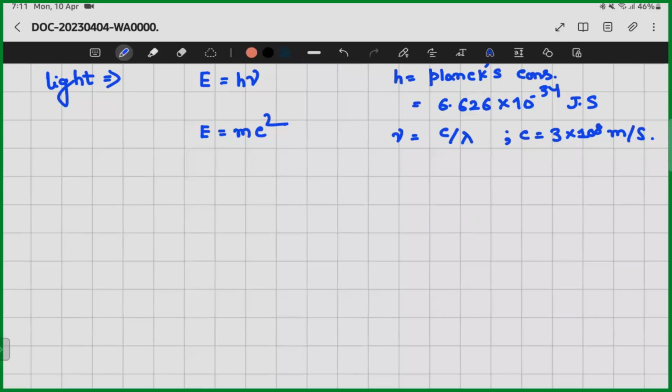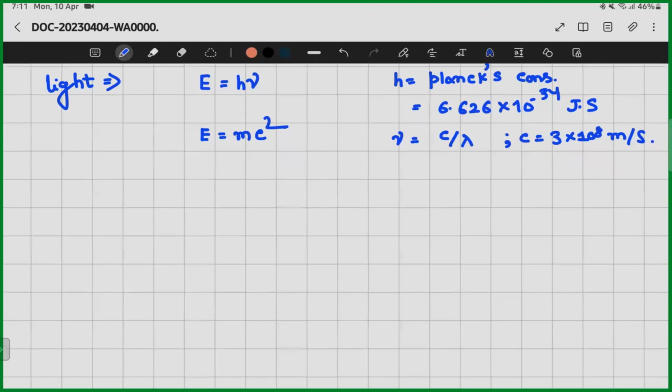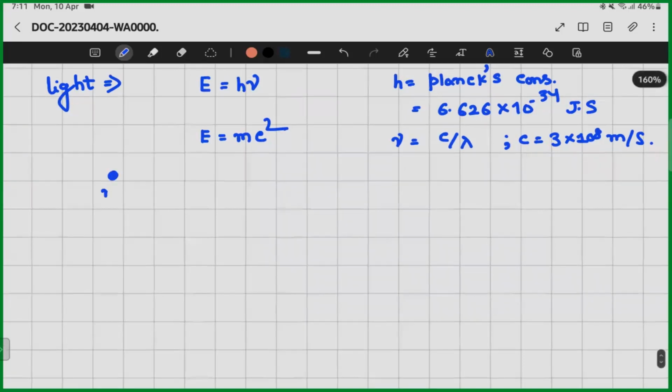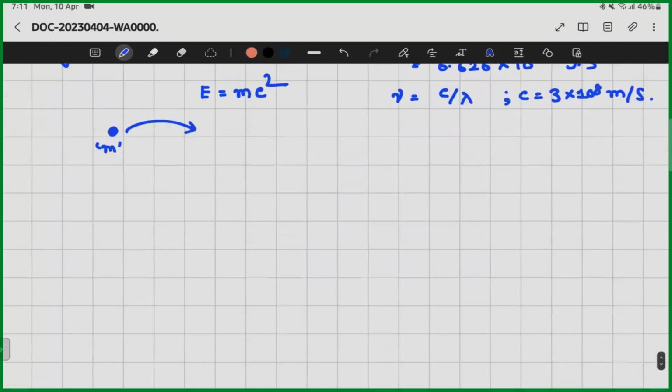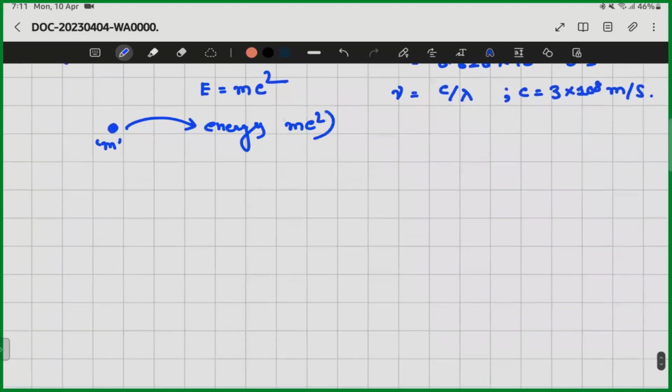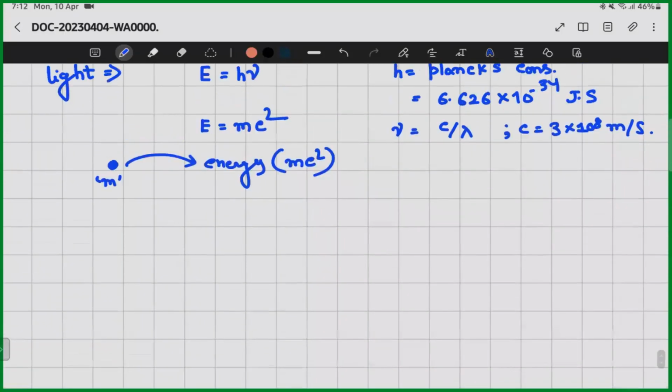If the particle has mass m, then the energy of that particle is mc square. If this particle is totally converted into energy, then the energy will be mc square. m is the mass and c is the speed of light. This is the Einstein relation.